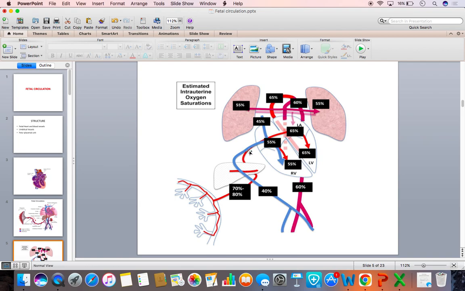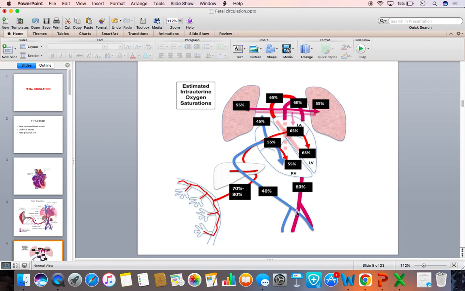It drops down to 55% in the inferior vena cava. Okay, and the blood in the right ventricle is 55%, and that in the left atrium is around 65%, and the blood flowing to the upper extremities and the head and neck has 65% oxygen saturation, and that in the blood supplying the trunk and the lower extremities is around 55 to 60%.